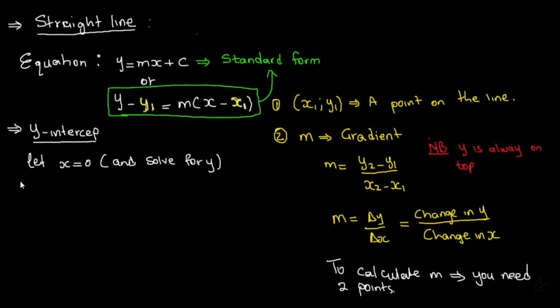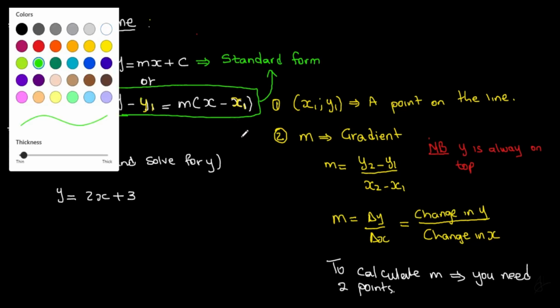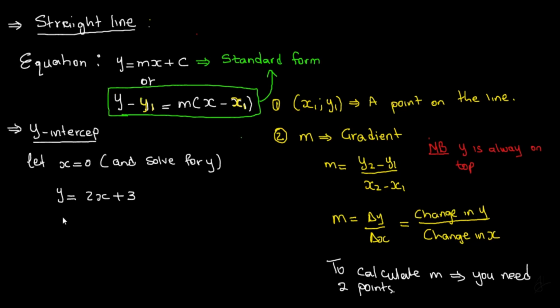Okay, so let's say the equation of a straight line is y is equal to 2x plus 3, and we need to find the y-intercept. What will the y-intercept be equal to? So to find the y-intercept, if x is equal to 0, meaning that where there's x, we need to put 0. So y will be equal to 2 into 0 plus 3.